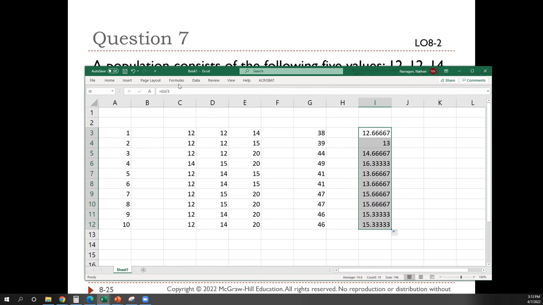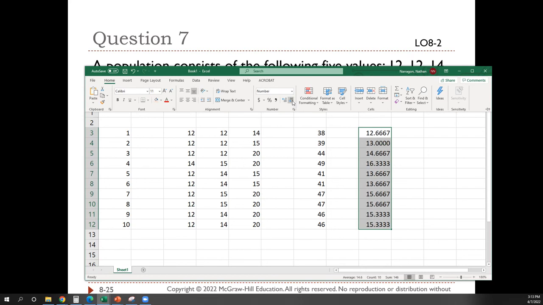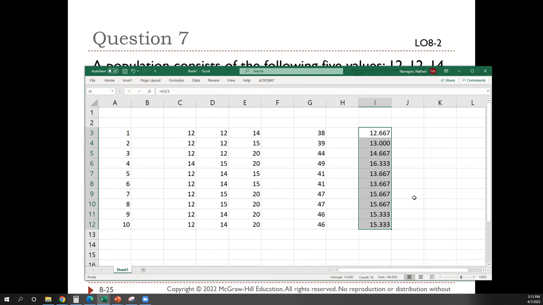Okay, and then we're going to go ahead and format. Make it about 3 decimal places. All right, so we still need to figure out the mean of each of the samples we just did. Okay, so there's the mean of each of the samples.